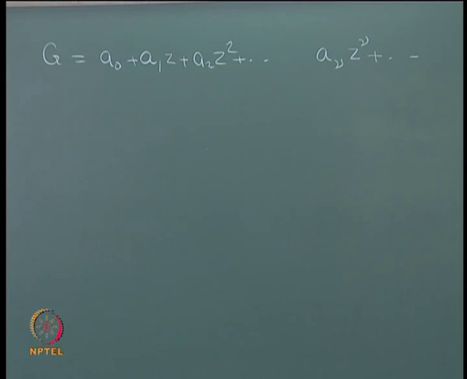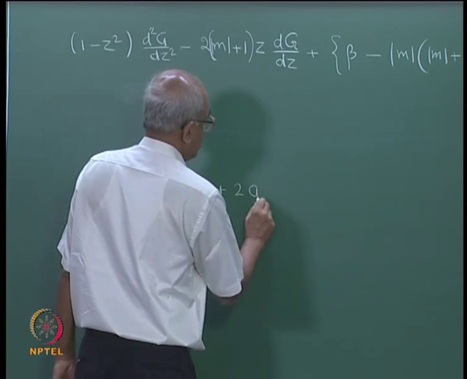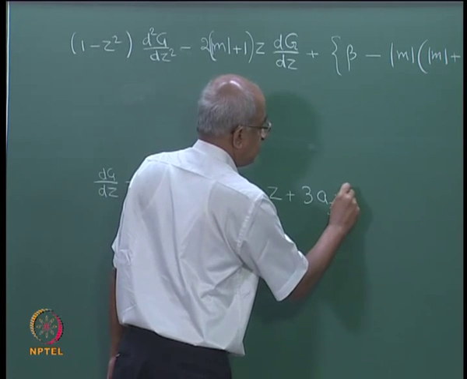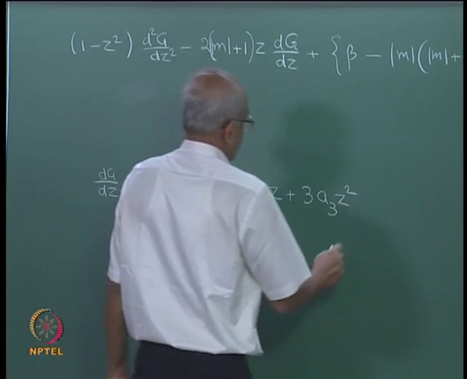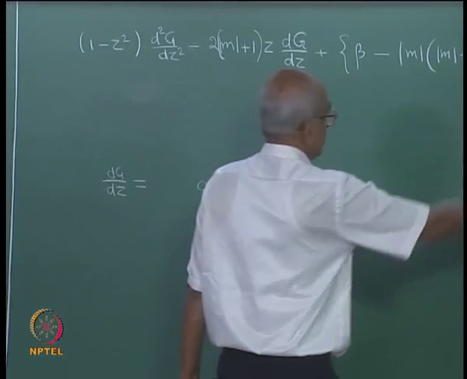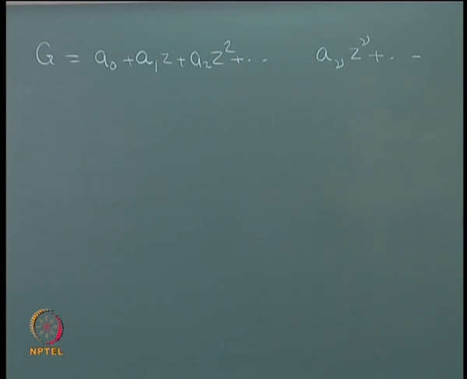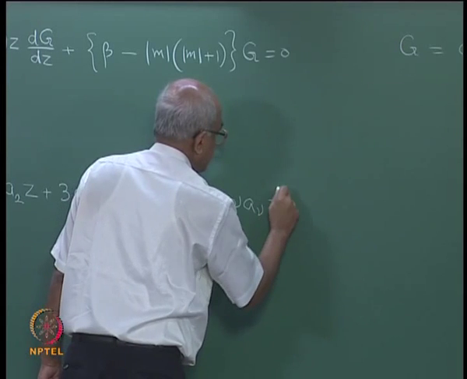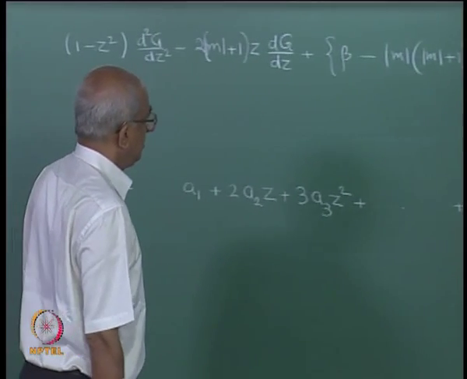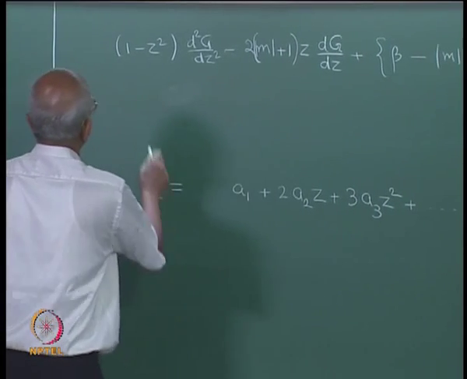So you will have A1 plus 2A2 plus etc. From the nth term you are going to get nu A nu Z to the power of nu minus 1.